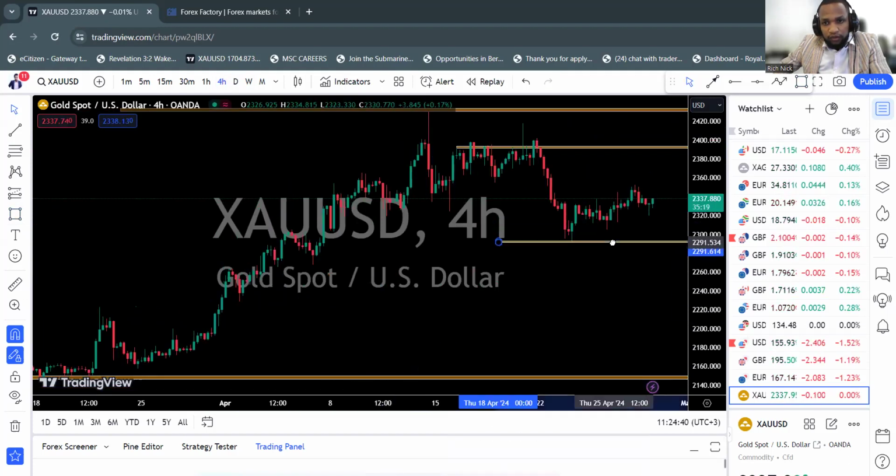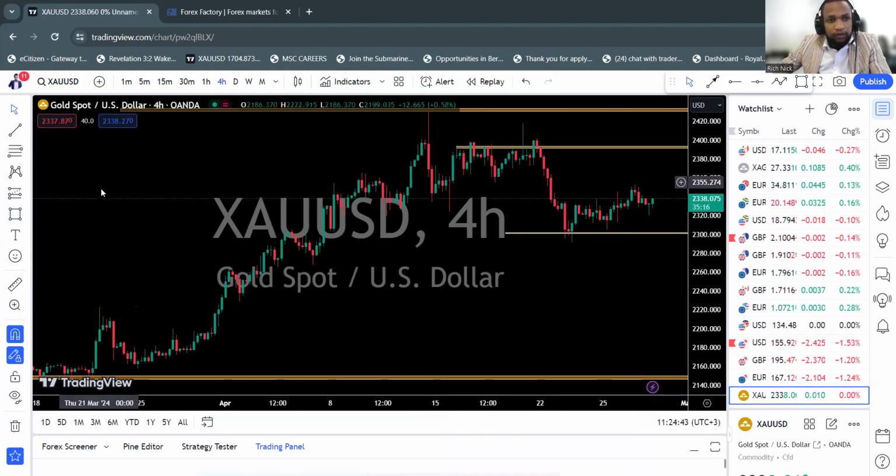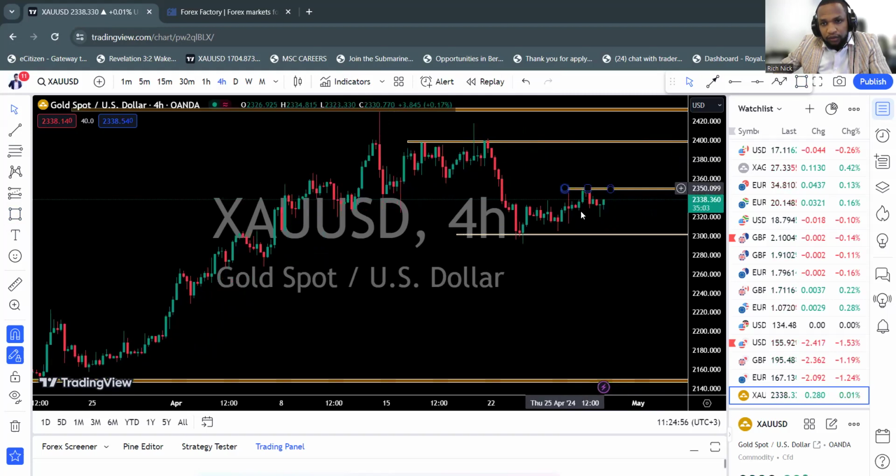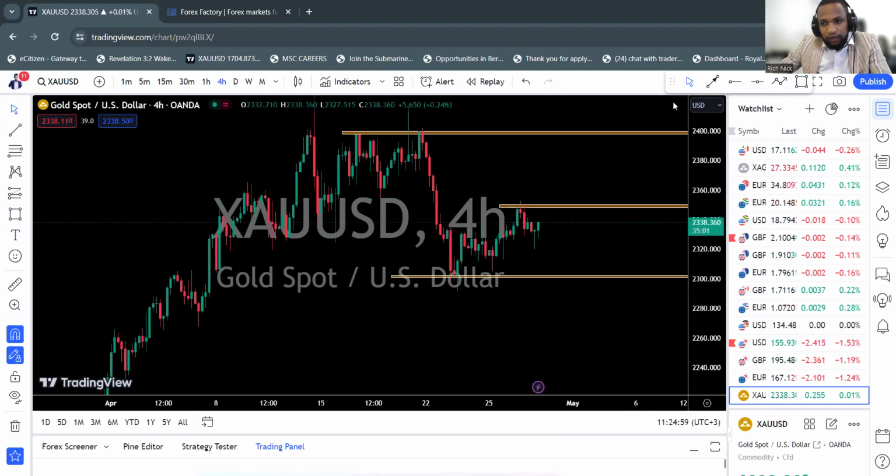On H4 we have a high formed over here, and of course we also have a low that is forming over there.